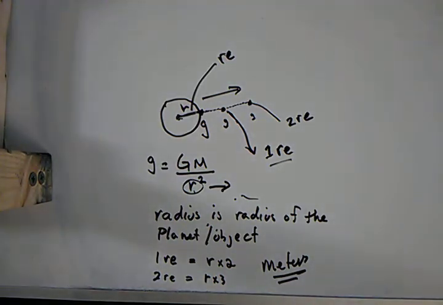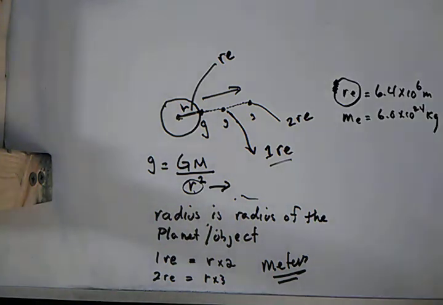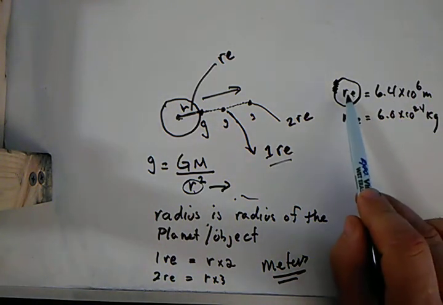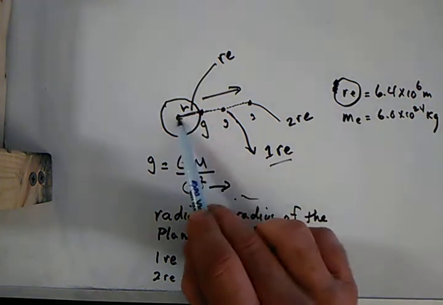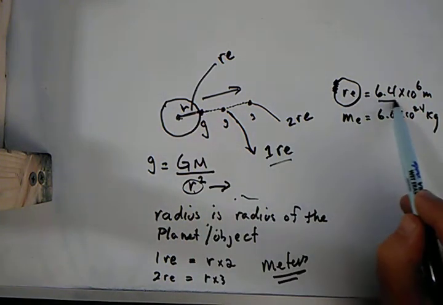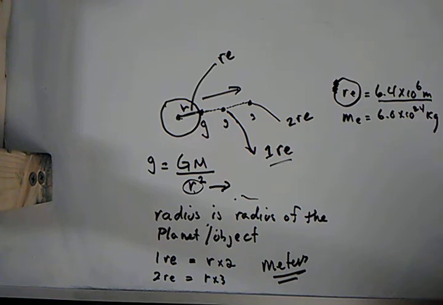You also have that number available to you in the notes. I'm going to look it up for you right now. Here it is, and you might want to write it down. An Earth radius, from here to here on the Earth, is 6.4 times 10 to the 6th meters.